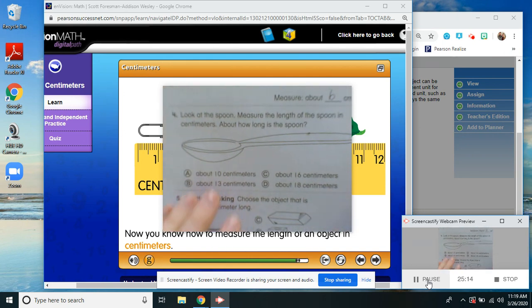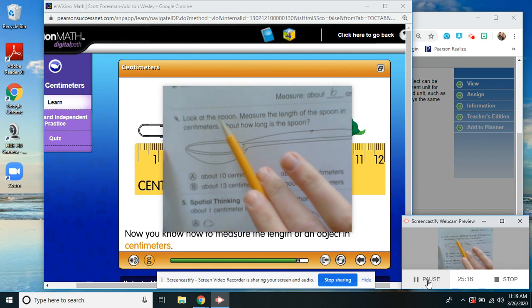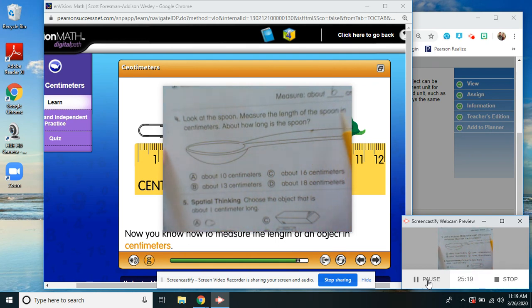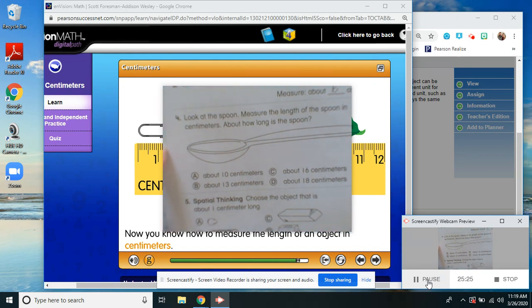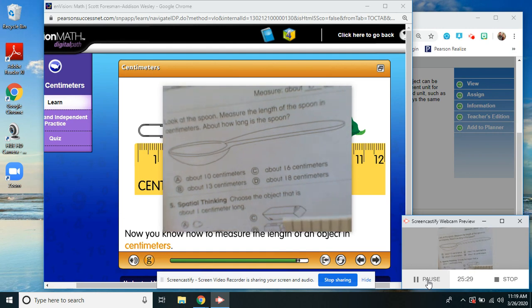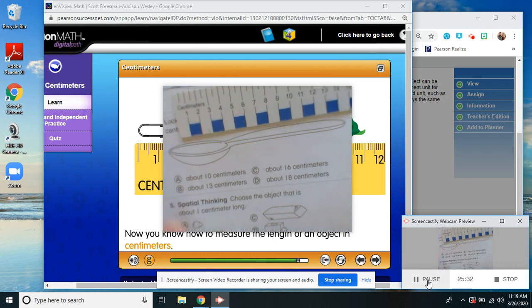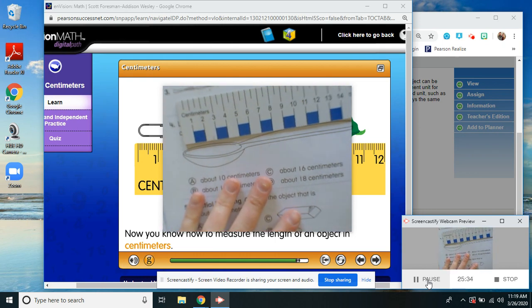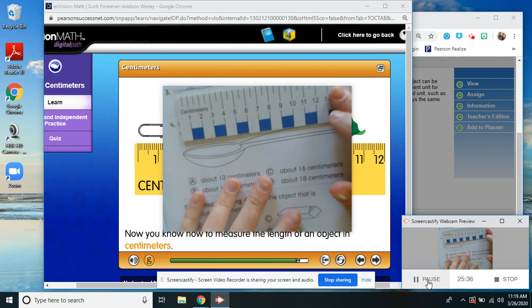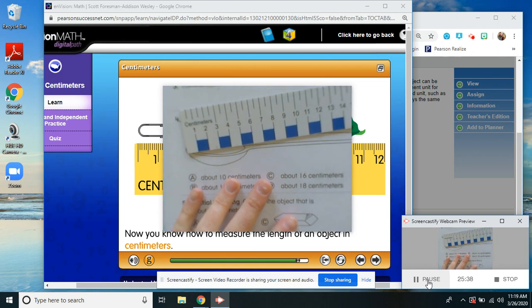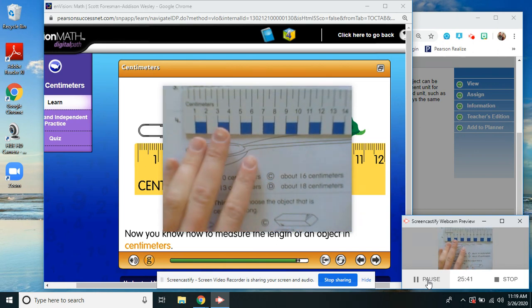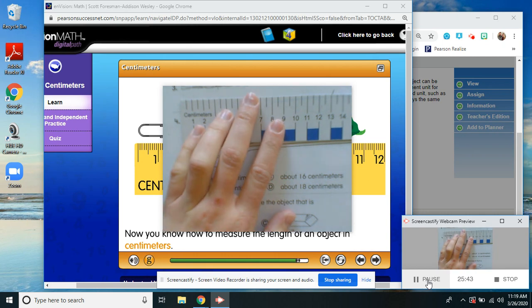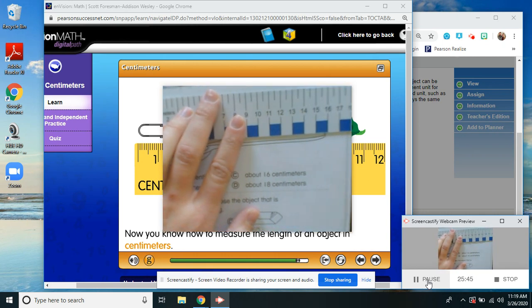All right. Moving on to number 4. It says, look at the spoon. Measure the length of the spoon in centimeters. About how long is the spoon? All right. So it is not making us estimate how long this spoon is. So we just need our ruler, and we're going to measure the spoon. So remember to go to the edge of our spoon with a ruler and follow the edge of the spoon.